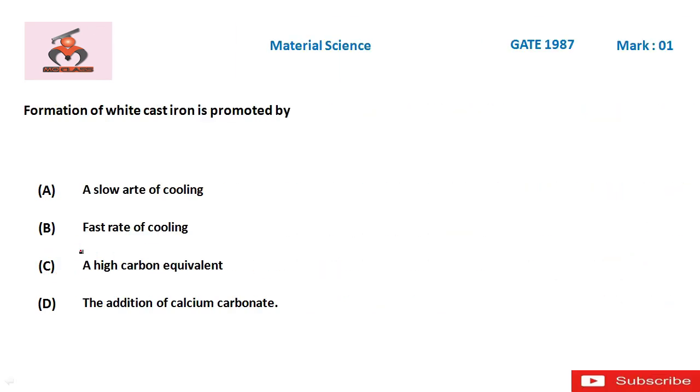The formation of white cast iron is promoted by a slow rate of cooling, fast rate of cooling, high carbon equivalent, or the addition of calcium carbonate. So white cast iron means a fast rate of cooling.